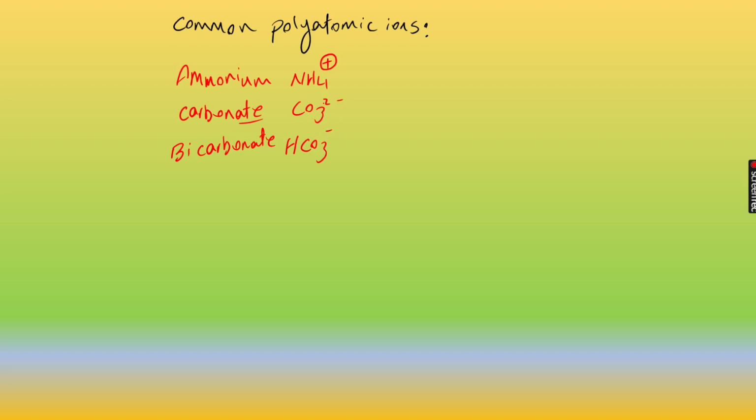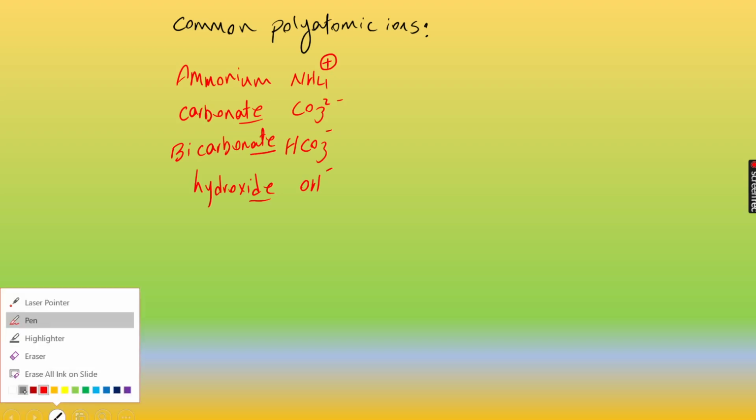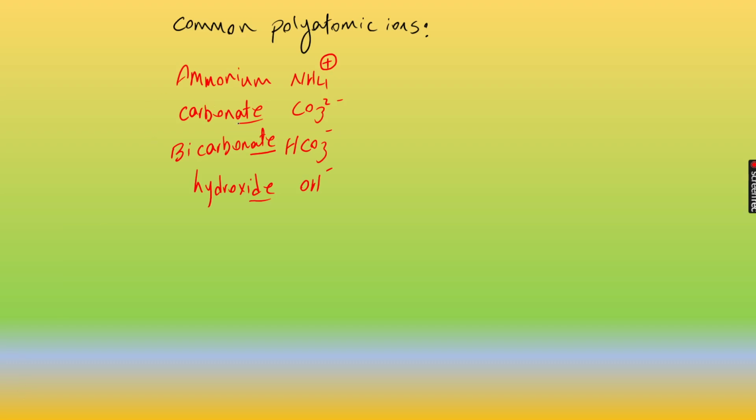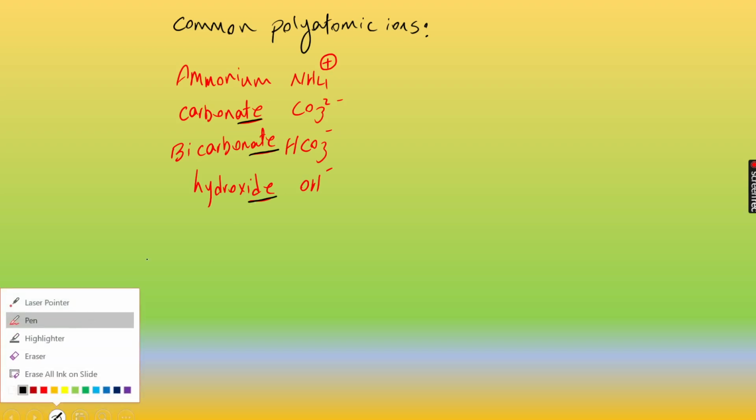That's why this is 2 minus and this is 1 minus. And hydroxide, OH, that was an exception with the IDE, but it belongs to this group. Carbonate, bicarbonate, look, it's ATE, it's ATE, and this one is IDE. IDE was the exception. Okay, keep going.